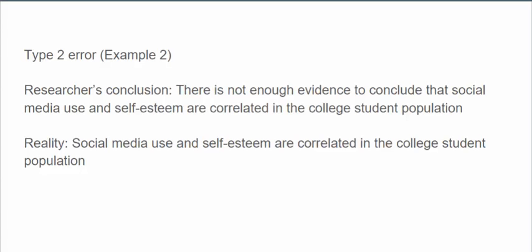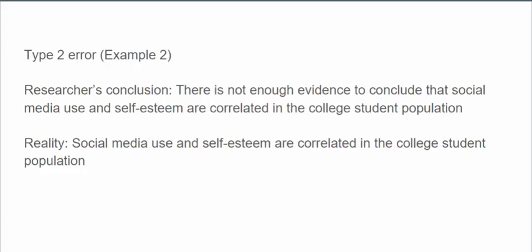And just like a type 1 error, a type 2 error can happen when there are some non-representative or unusual people in the sample simply by chance. So it could be that the people who use social media do tend to be low in self-esteem, but the person who's collecting data doesn't get any of those people in the sample.